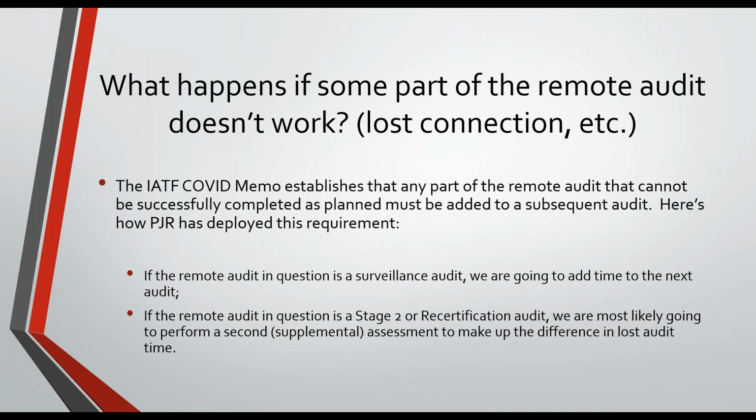Now, if it happens to be a stage 2 or a recertification audit, in all likelihood, we're going to be doing a supplemental assessment to make up the difference in lost audit time. Unfortunately, that's going to mean additional overall time, but this is what we are required to do.